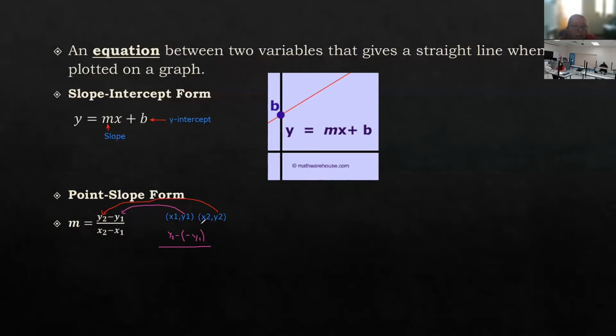So x2 goes here. Then our x1 goes here. But in this case, if our x2 is negative, then this part will still stay the same.